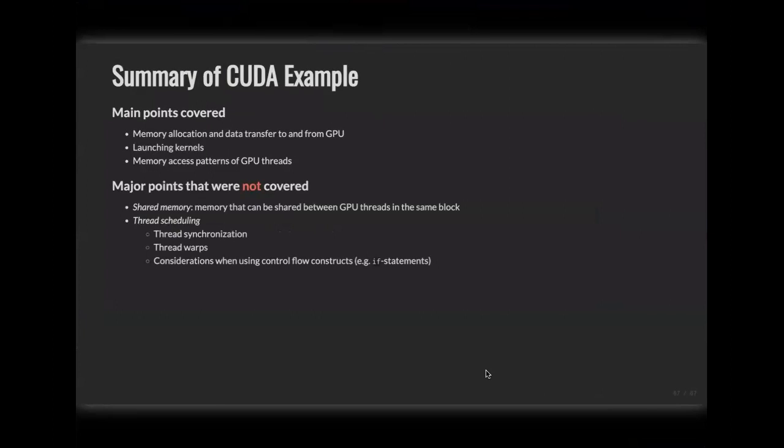What I didn't cover, and should be covered if you want to get serious with GPU programming, is how to share memory between threads, and also some aspects of thread scheduling, like synchronizing, and when you use if statements, etc., inside kernels, there's some care to be taken. But hopefully these are things that we could cover in a follow-up training session if there's interest for this. Okay, so that's all I wanted to say today.